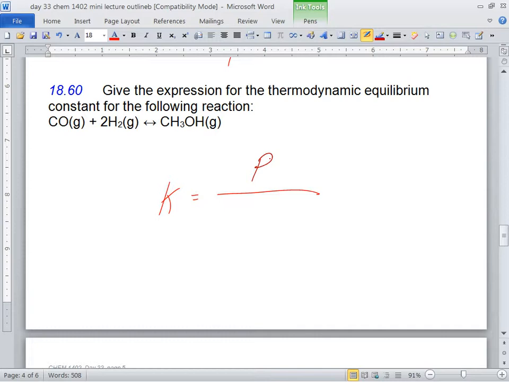It's got to be the CH3OH. And not squared or anything. All right? Audrey, you see how to do this? What's on the bottom? Big P, CO. Yeah. You two at the top. You got to square it. Exactly. That's what they want you to be doing.